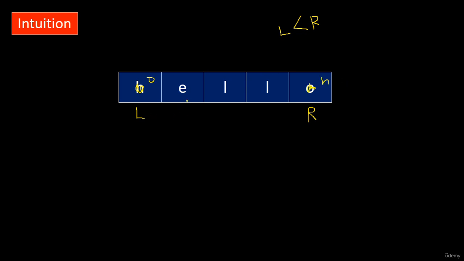Now we're going to move left to this element, and we're going to move right to this element. Now we're going to swap these two, E and L, so L will move here, E will move here. Then we're going to move left and right again.